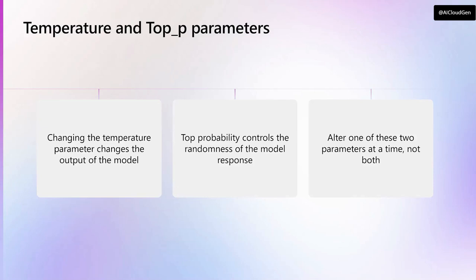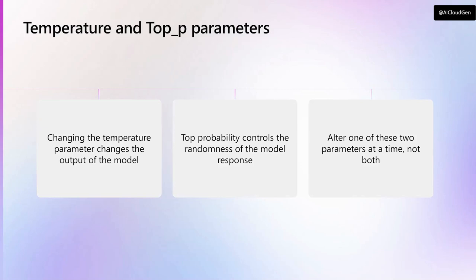For those scenarios you can go for a higher temperature. But if you are reviewing a legal document or something, make sure the temperature is really low. If you want accurate responses from the model, keep the temperature as low as possible, between 0 and 0.2. The actual range is 0 to 1. If you use 0, 0.1, 0.2, you can tailor it to be more accurate. But if you use 0.7 and above, there will be randomness in your responses. So you can control the temperature parameter in that way.